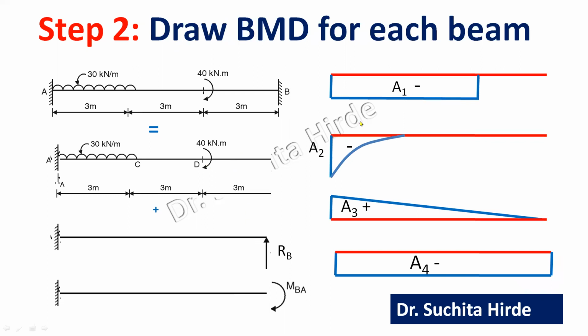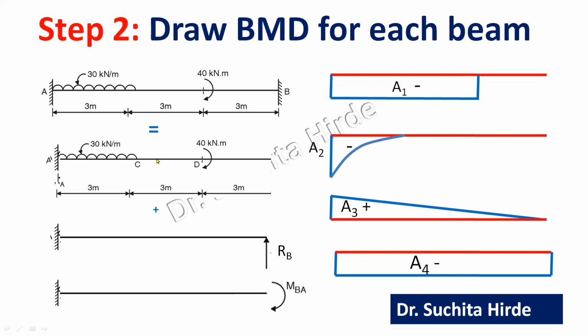So see here, this first diagram is due to 40 kilonewton meter, because if you take the section anywhere from B to D, there will not be any bending moment. At D, it is negative 40. I told you why I have considered it negative: because the effect of 40 kilonewton meter is just like a downward force.